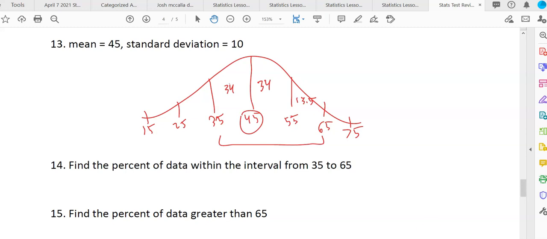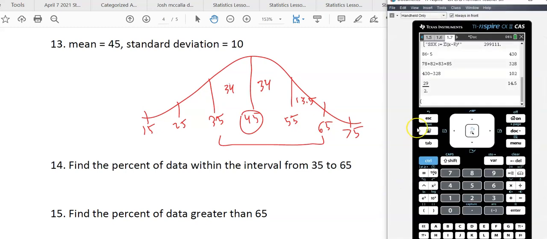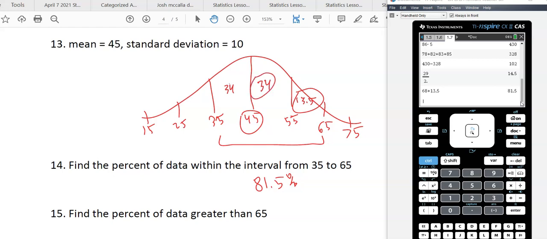So I'm just going to add those up. 68 plus 13.5, 81.5. Greater than 65. So you could do this plus this and subtract that from 50%.